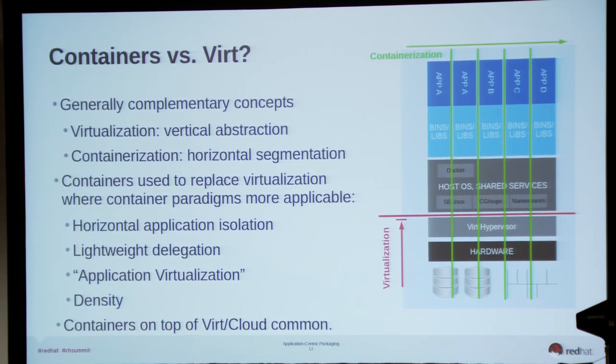But a common use case is going to be to run containers on top of virtualization. If you're really just looking for application isolation, delegation, or high density, you're going to run it on bare metal. So there's going to be a change from people using virtualization today, but it's not going away, or it's not a complete conflict. And I'm a real artist, as you can see.